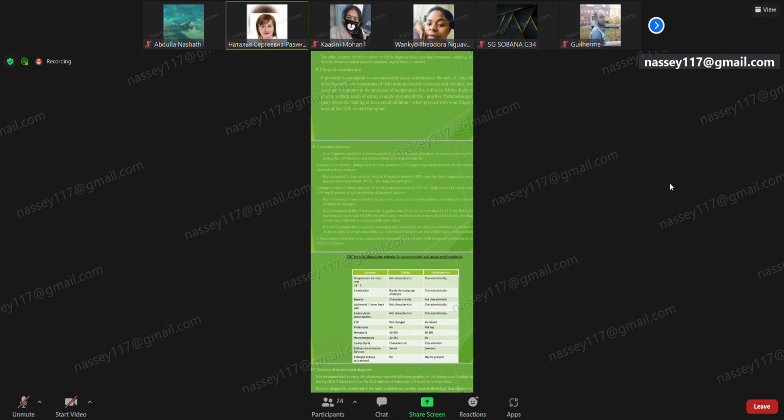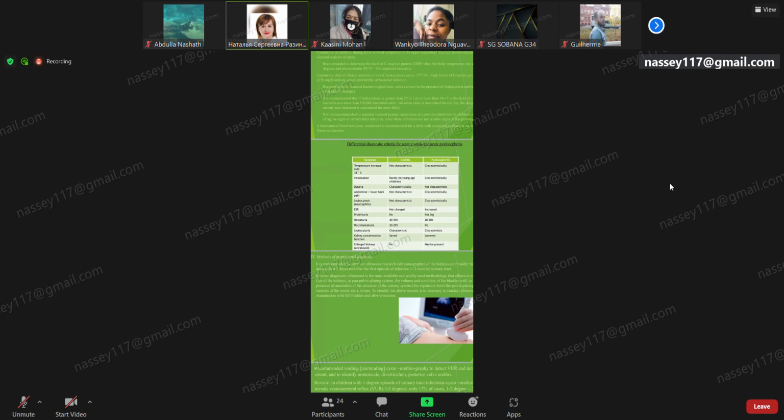Also, we check biochemical analysis like urea and creatinine, and such analysis may give us information about kidney function, the function of filtration. In this table, you can see differential diagnostic criteria for acute cystitis and acute pyelonephritis.